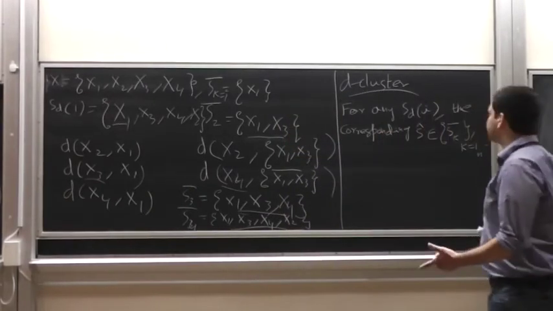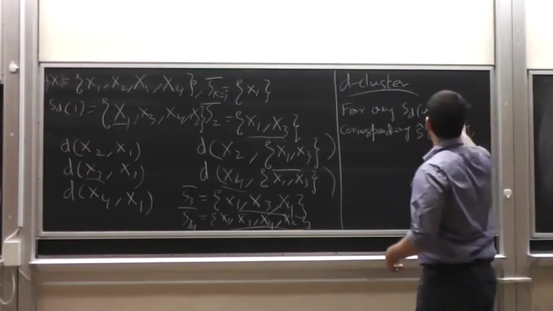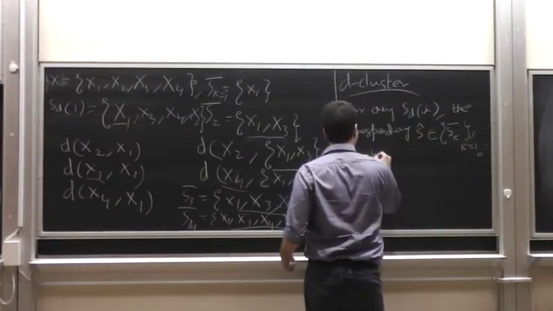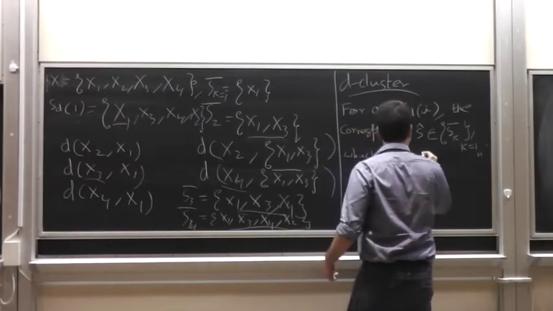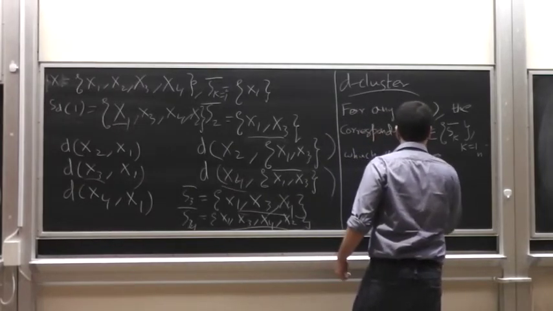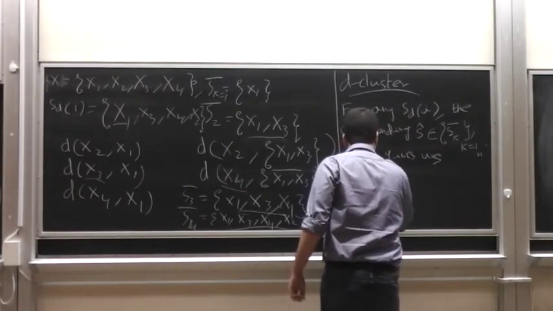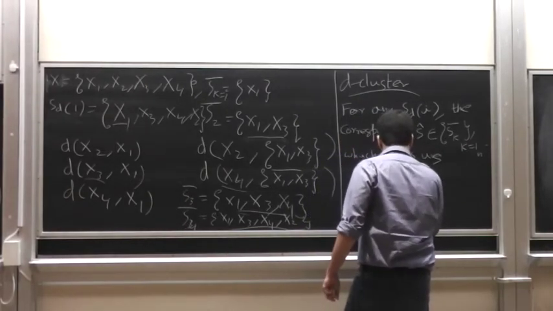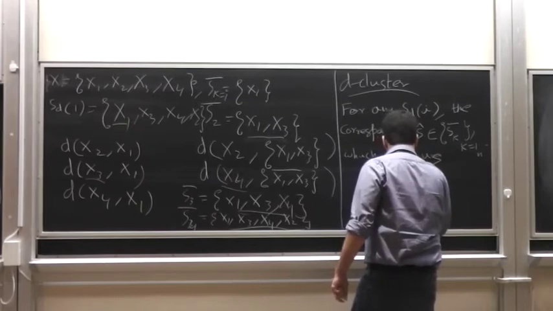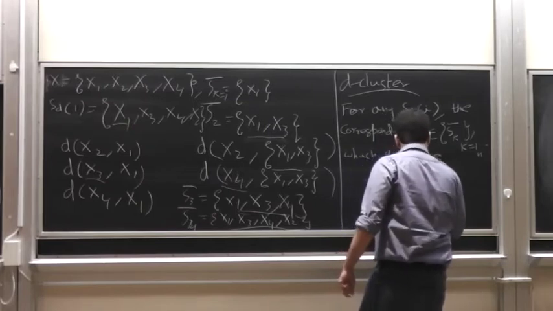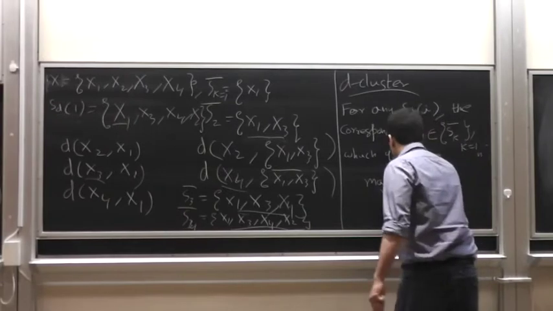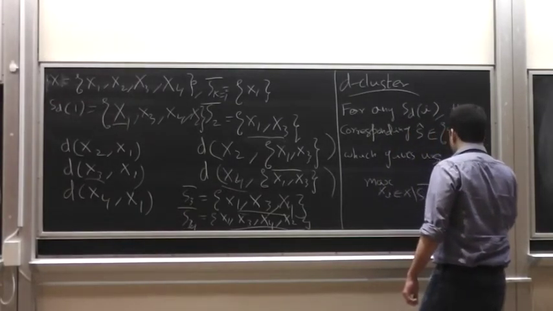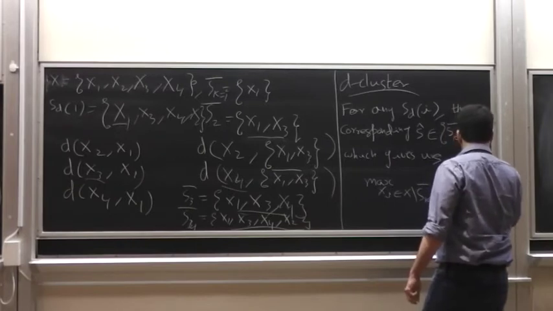And for each of the starting sets, we will see which one gives us the maximum of the min over i of d of x_i, comma, starting set.